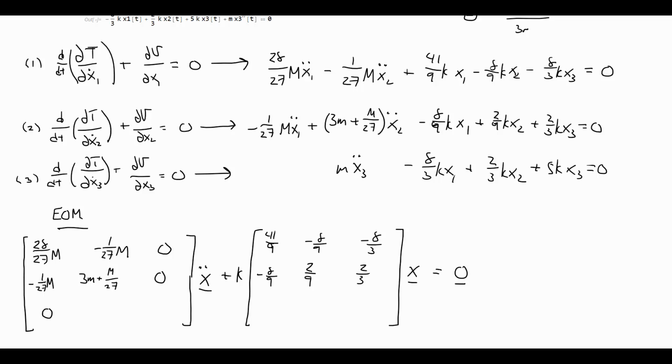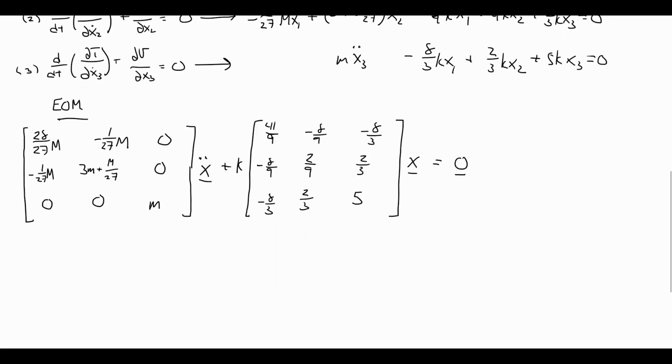And finally, the third equation, we have no x1 double dot, no x2 double dot, and just a little m times the x3 double dot, and a minus 8/3 k, 2/3 k, and 5k times our x1, 2, and 3, and right side is 0.